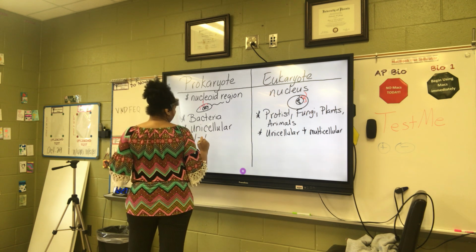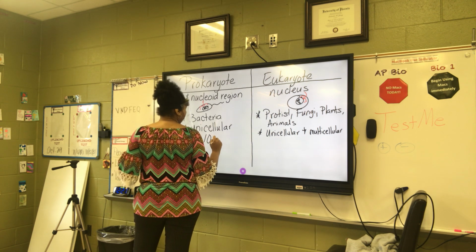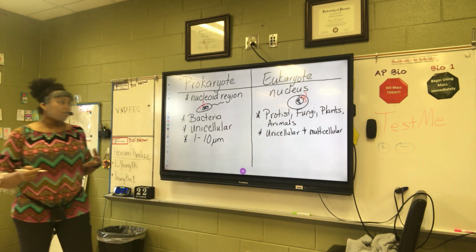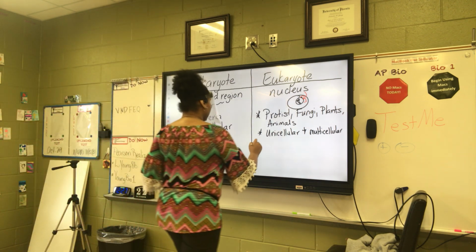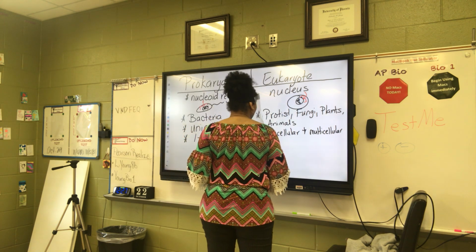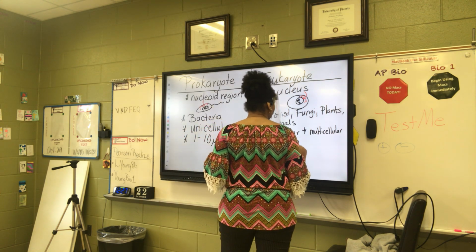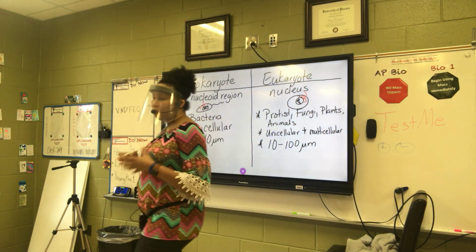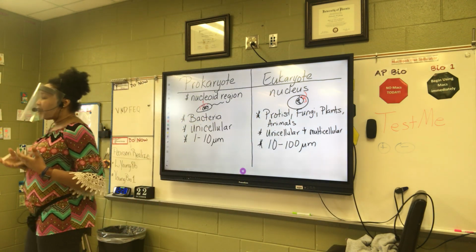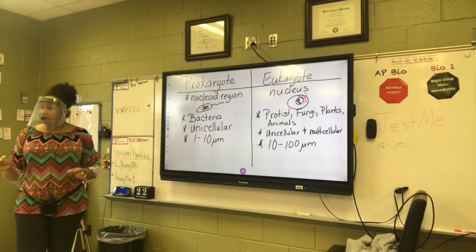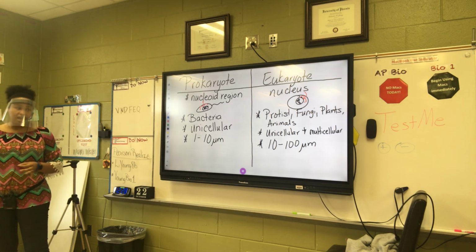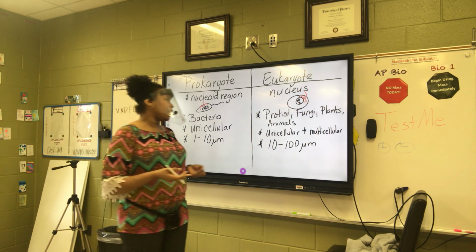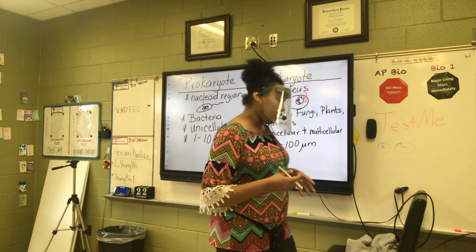Prokaryotes range from about 1 to 10 micrometers in size, and your eukaryotic cells range from 10 to about 100 micrometers. So what that means to me is that the biggest prokaryotic cell is about the size of the smallest eukaryotic cell, okay?